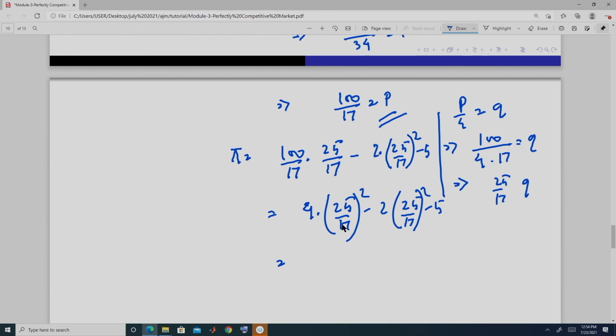Yes. So, this you can write it is something like this. Now, this number is less than 2. So, firms are making loss.